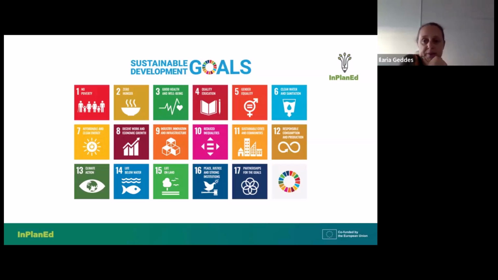The aim is peace and prosperity for people and the planet, while tackling climate change and working to preserve oceans and forests. As you can see, they cover a lot of issues, and they highlight the connections between the environmental, social, and economic aspects of sustainable development.